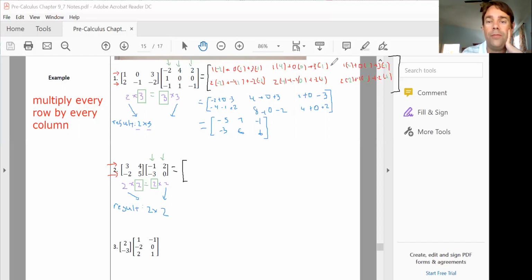So if I'm looking at this here, I see the first entry in the first row and the second entry in the first row. Well, it's just a little bit easier to do, a lot less numbers. First entry in the first column and the second entry in the first column.